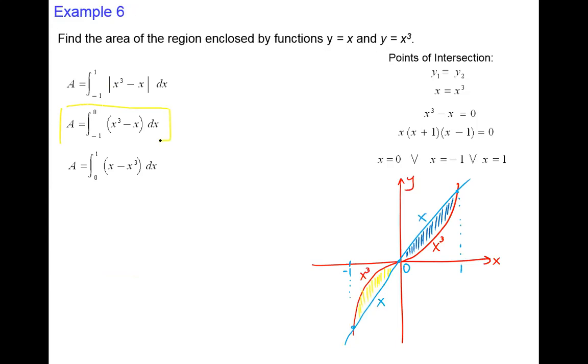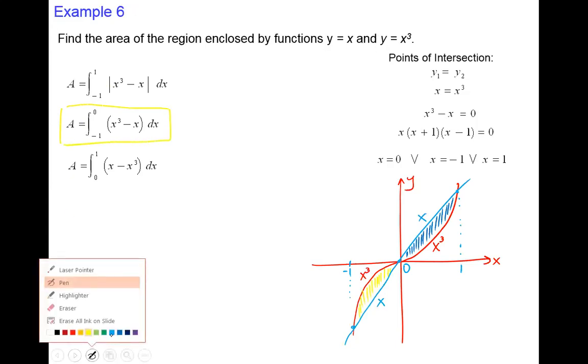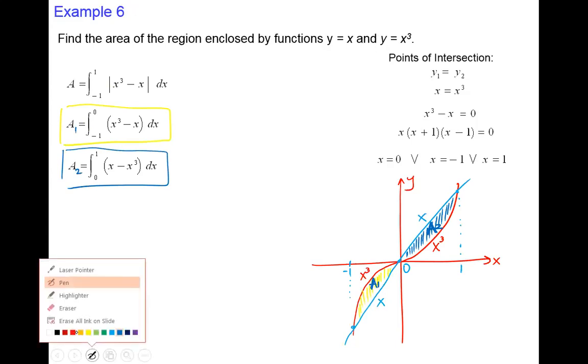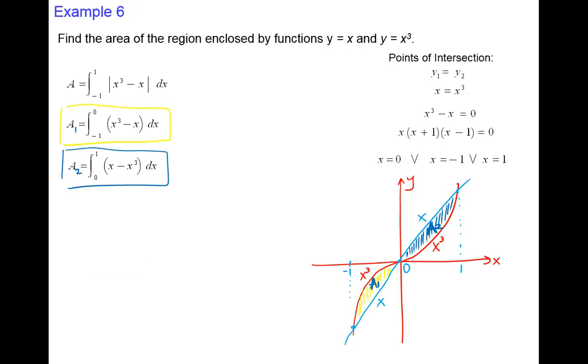And the dark blue is from 0 to 1. We can say A sub 1 and A sub 2, and I believe both of them are positive answers.